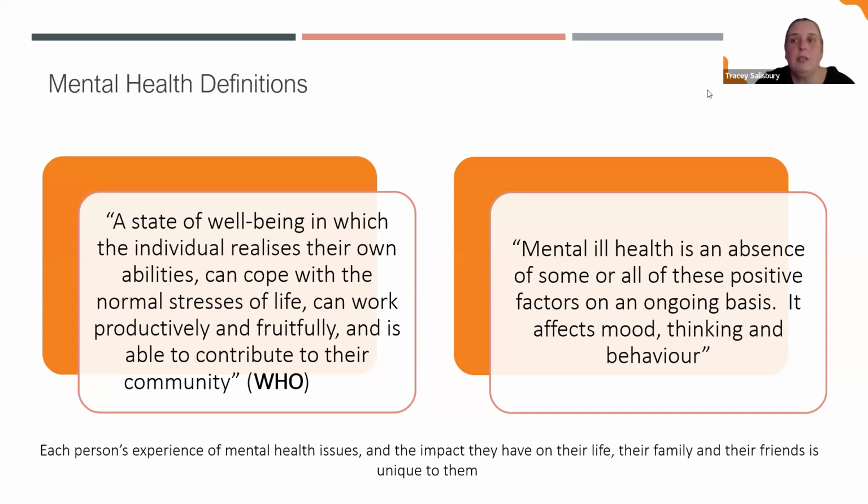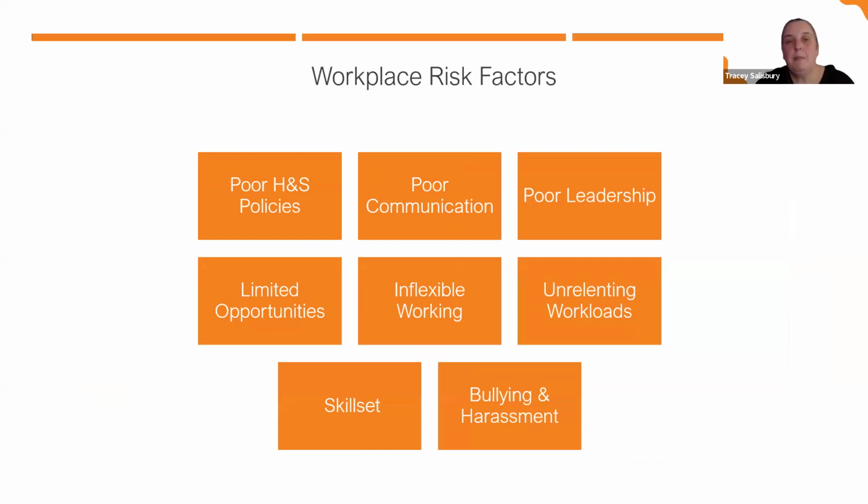Lots of things can affect somebody's mental ill health, which ultimately will affect their mood, their thinking, their behaviour, and how everybody responds to pressures and to their own mental health challenges is very unique. So we always say to people, look at the risk factors. All of these things will affect people in different ways. So things like poor health and safety policies, communication, leadership, opportunities for progression or training.